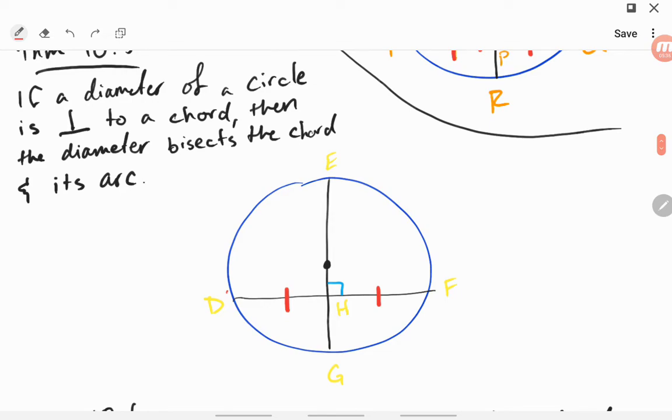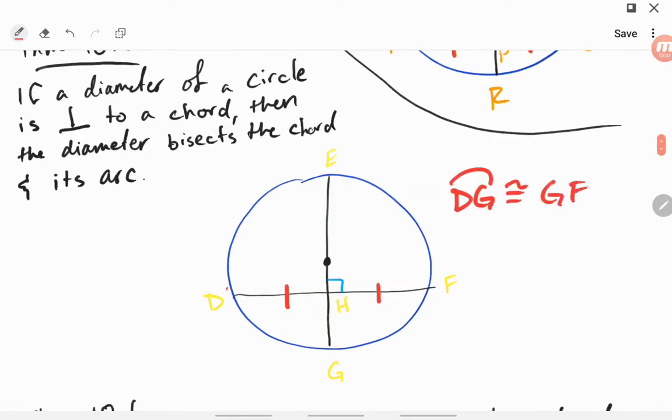What I would say is, since EG is a diameter that is perpendicular to DF, then I can state that arc DG is congruent to arc GF.